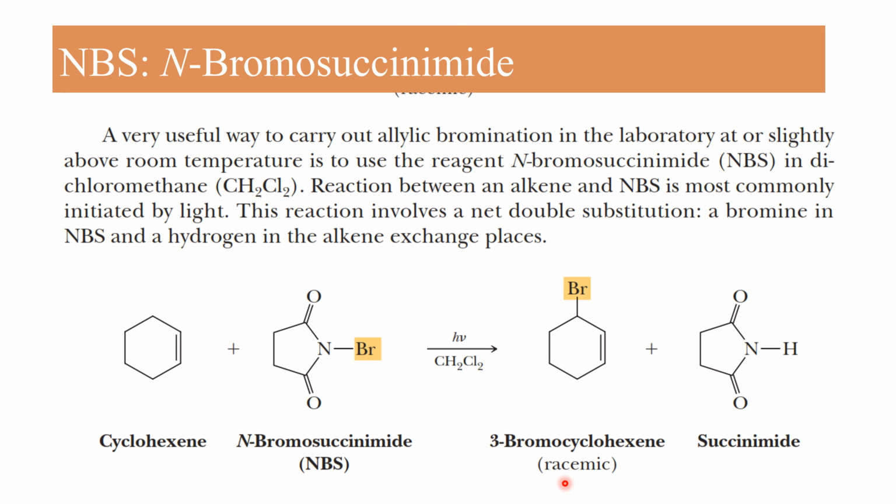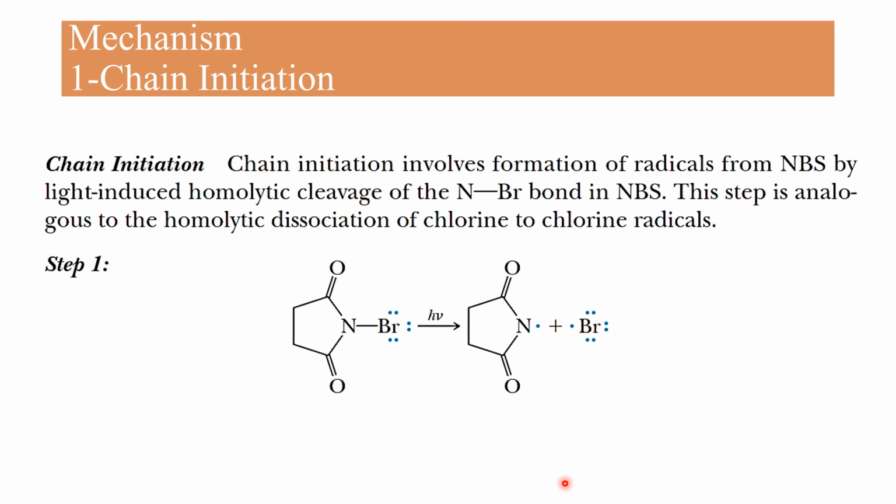Now we will see what the overall mechanism is for the halogenation of any alkene in the presence of NBS, right? It follows the same kind of radical chain mechanism as we did with the alkenes, which had three main steps.